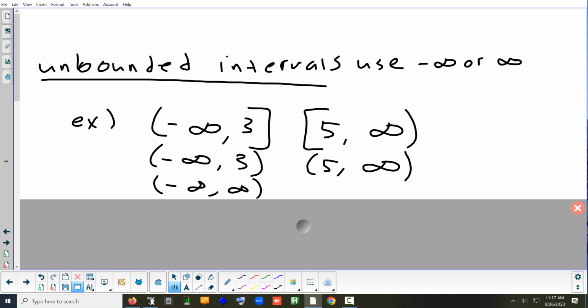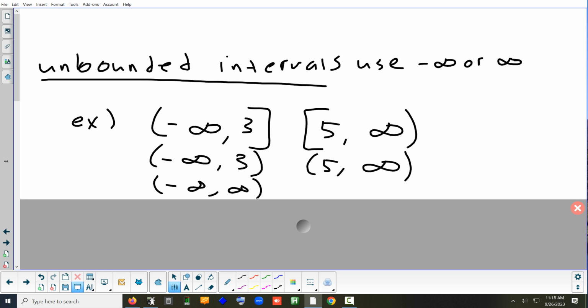The second one is a completely open interval, unbounded on the left side. 5, infinity, it's completely open because it has a parenthesis on each end, and it is unbounded on the right. And the bottom one is a completely open interval, unbounded on the left and the right.